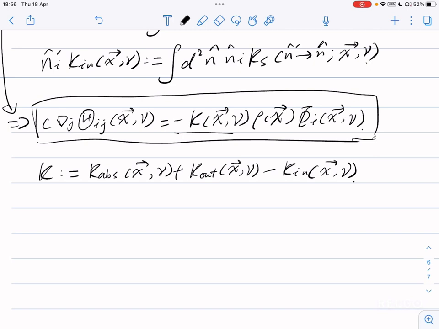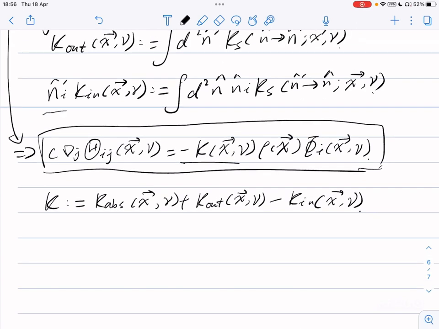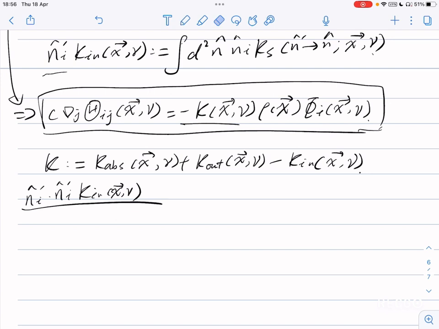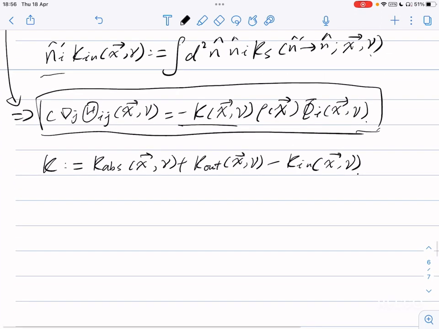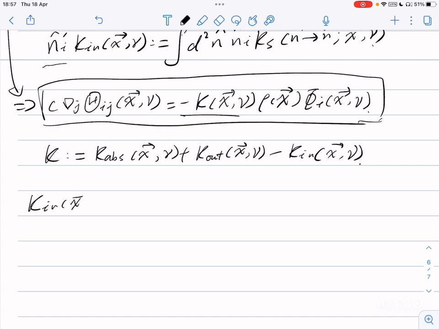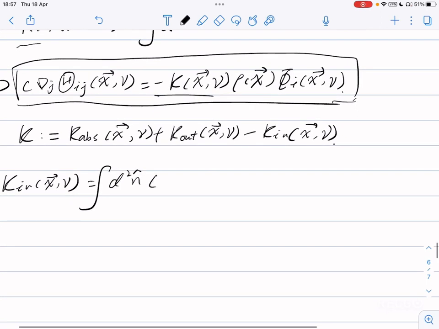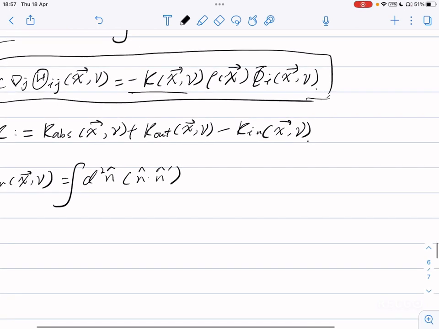If we want to find the explicit expression of chi in, we can contract it with the direction n and the direction n prime. Using this operation on the other side, we can obtain chi in equals the integral over d squared n prime of the scalar product of n and n prime times chi scattering.